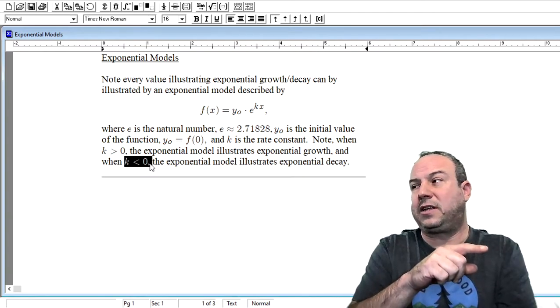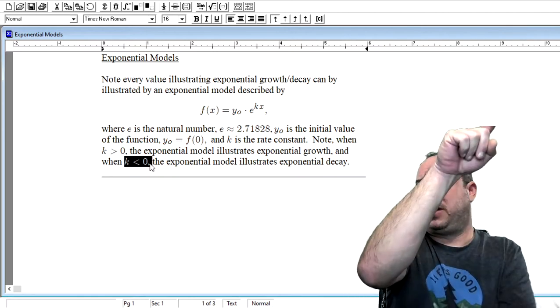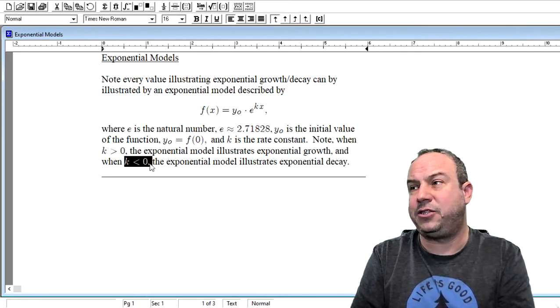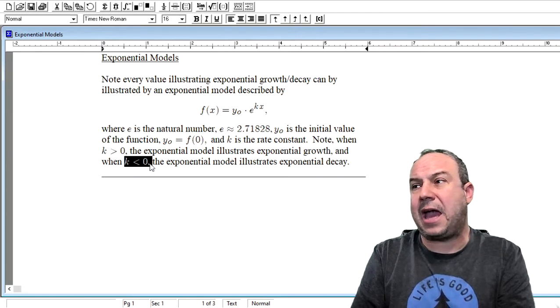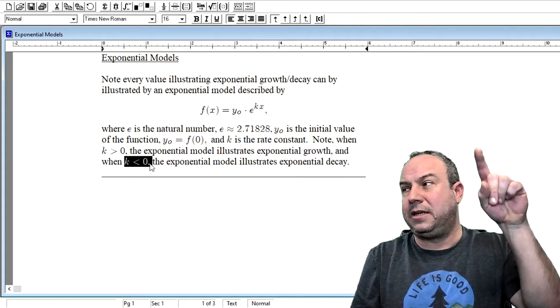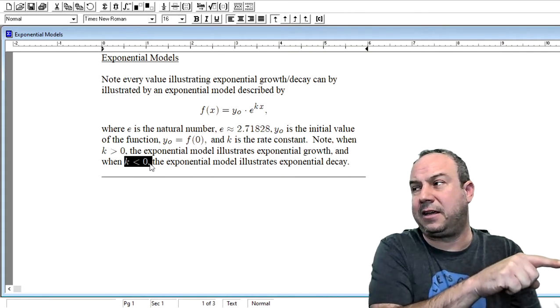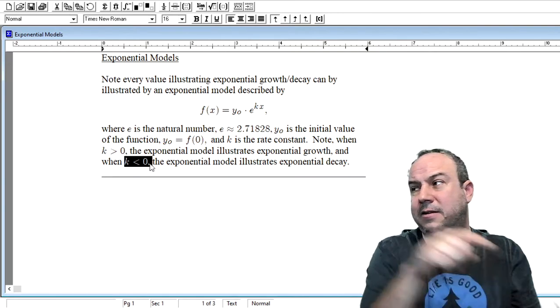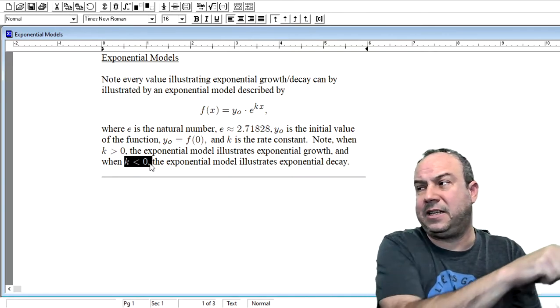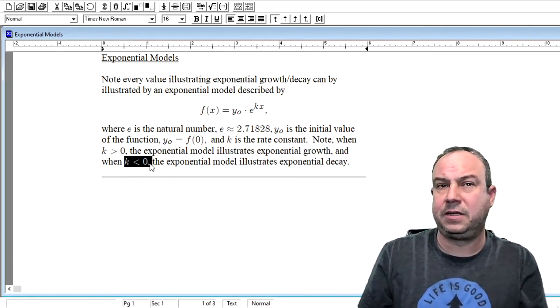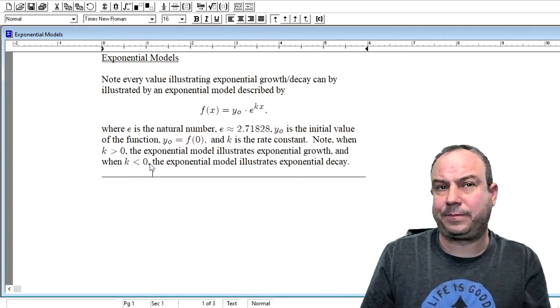In one case, you will see exponential growth happening, and in another case, you might see exponential decay happening. Starting up here, you might see decay happening exponentially. That would be the case for k less than 0 in our model.